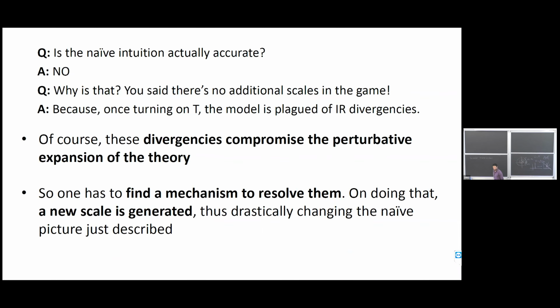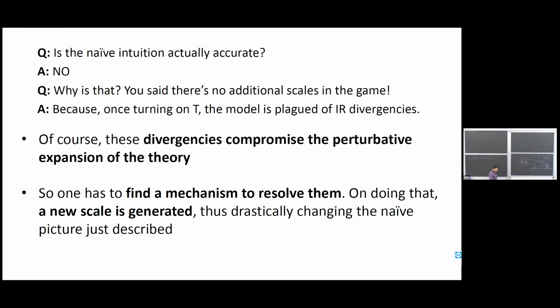But one can realize that there's something that we missed in our naive expectation, and it is that in 2+1 dimensions, the model becomes ill-defined when we consider finite temperature, and we will find exactly how to solve it. In the way of solving the divergence, we will find that a new scale is generated, which will imply a richer structure for the critical region.